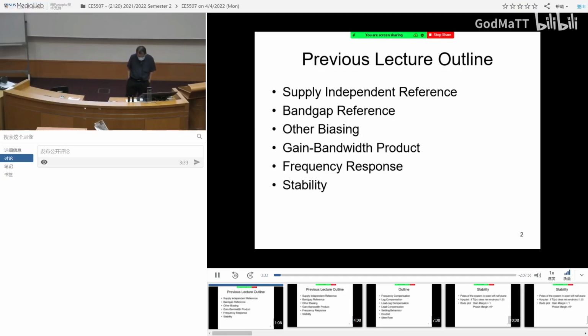And then we talked about frequency response. Why do we need to know frequency response since nowadays everything is computer generated? You can easily figure out the magnitude response and phase response using computer software. The thing is that sometimes you don't want to run the simulation just to figure out whether it is right or wrong. This happens a lot.